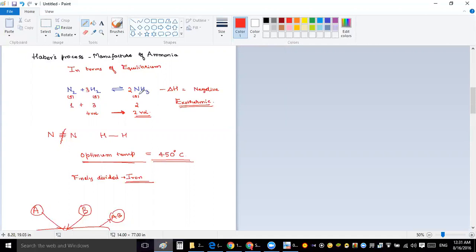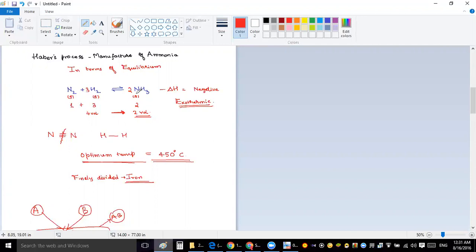I repeat one more thing, which is very important. For reversible reactions, a catalyst does not affect the rate of reaction. It just helps to achieve the equilibrium quickly. This is the purpose of using a catalyst in a reversible reaction. When you say a catalyst speeds up the reaction, this is applicable only to those reactions which are not reversible.